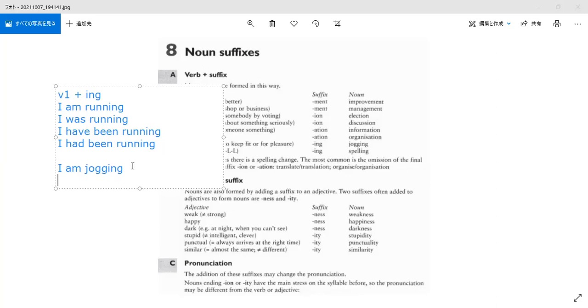Gerund is a verb that acts like a noun in a sentence. And usually gerund is obtained by adding ing.